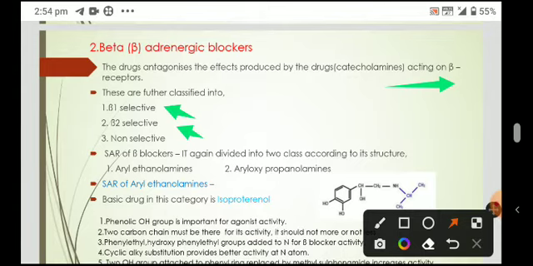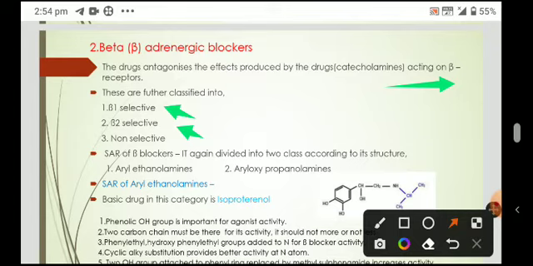Now the first one, SAR of the beta blockers. It is again divided into two classes according to its structure: aryl ethanolamines and aryloxypropanolamines. So first we will focus on the SAR of aryl ethanolamines.